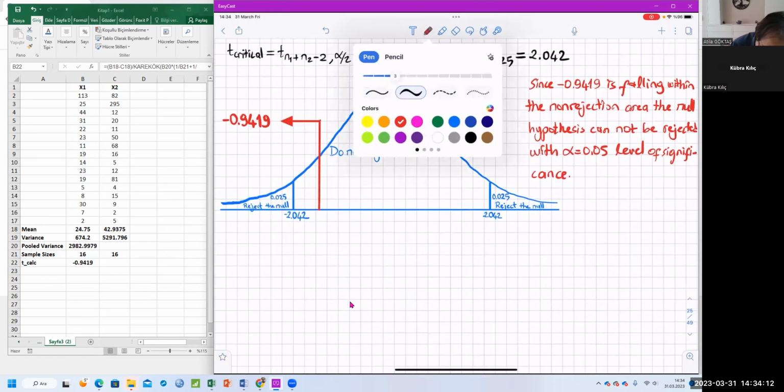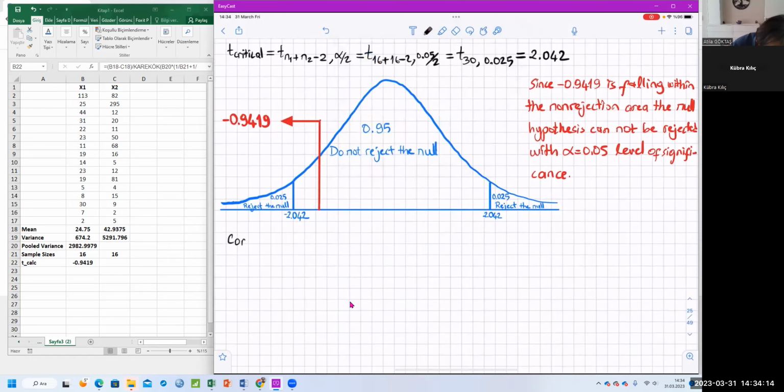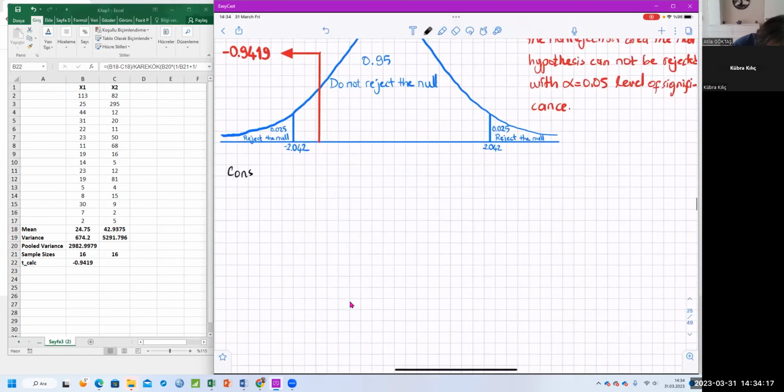Construct the confidence interval for mu1 minus mu2 with 95% confidence level.